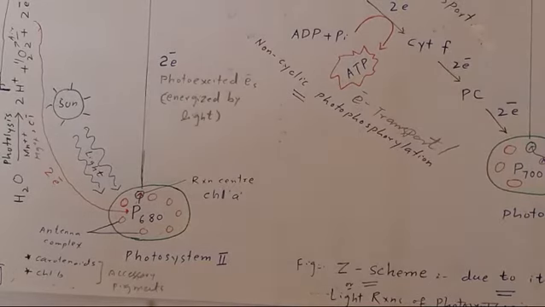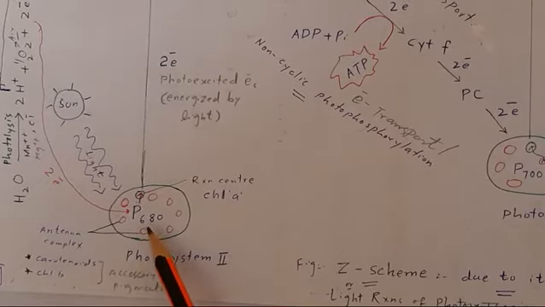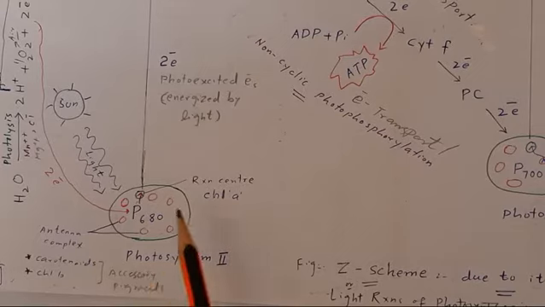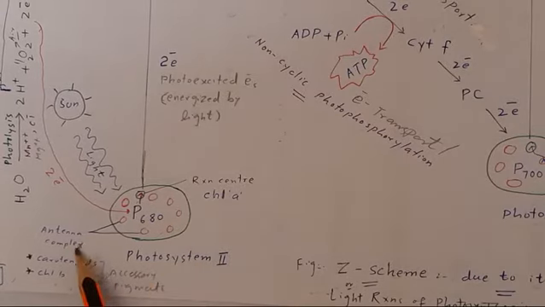Now this is a close view of the photosystem. This is photosystem 2, also known as P680, as it absorbs light of 680 nanometer, therefore called P680. And it has two parts: antenna complex, which has many molecules of chlorophyll B and carotenoids, also known as accessory pigments.